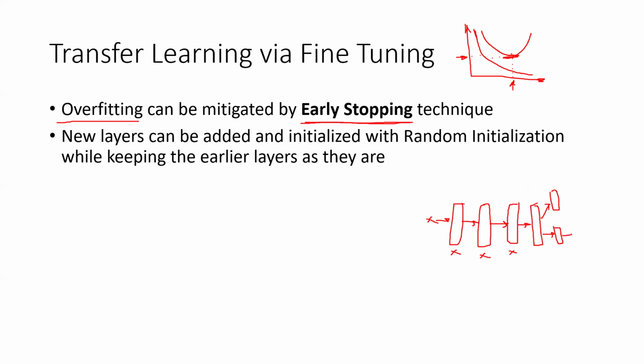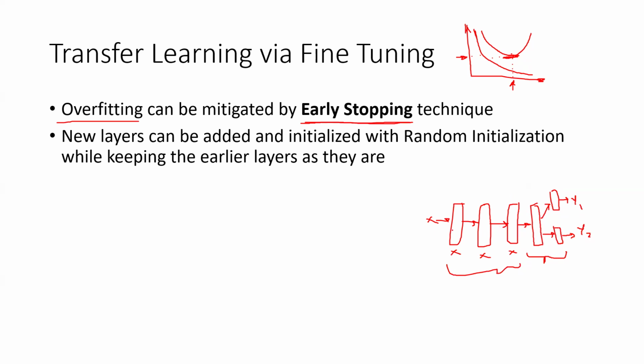Suppose you want to have 2 outputs, Y1 and Y2, so you can have 2 parallel layers or something like that, right? In this case, you are only training these new layers. Actually 1, 2, 3, there are 3 layers, right? While freezing all these existing layers. So this is also possible with transfer learning.